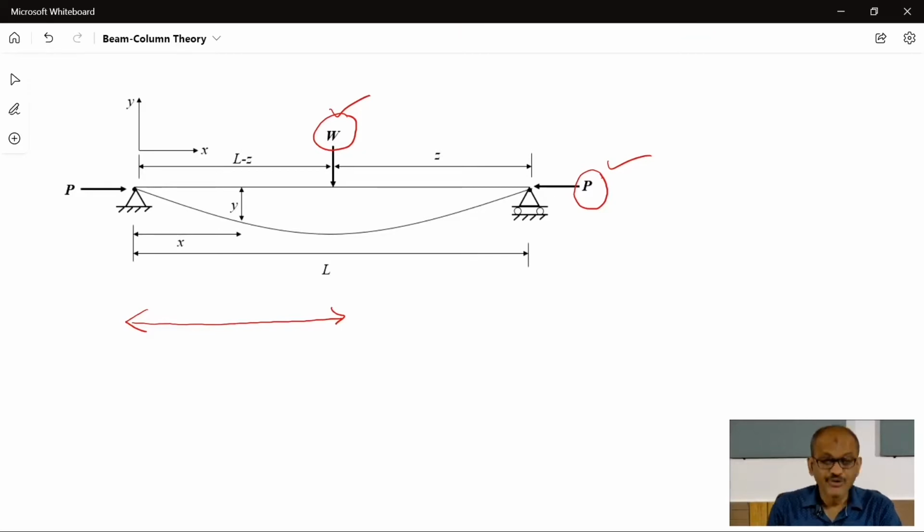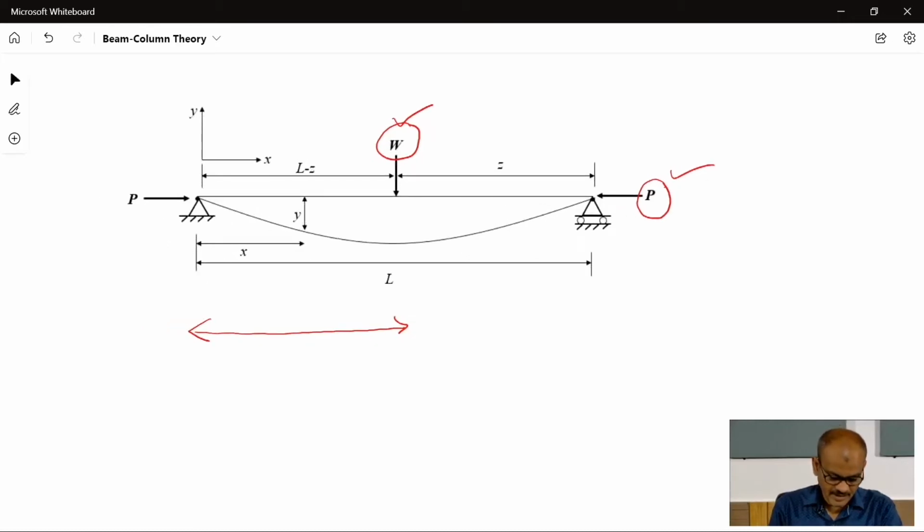Let us see how we write it. If we take a section at a distance x from the left support, and let the displacement at that point be y.